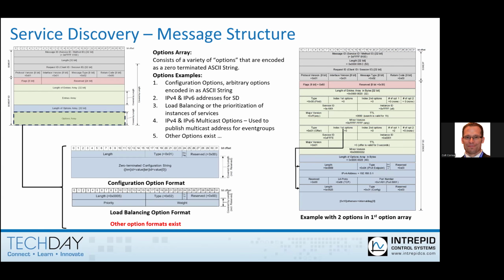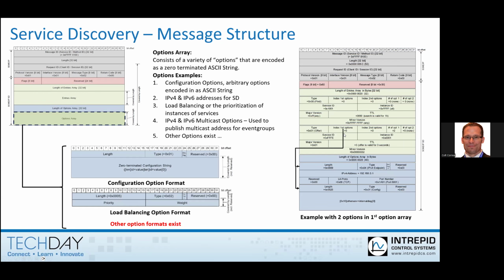It does not inherently tell the system which IP addresses and ports are associated with particular services. That information should be in the ARXML file, but it can also be dynamically learned through the communication of service discovery as well.